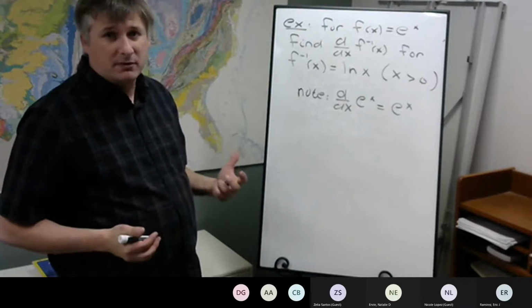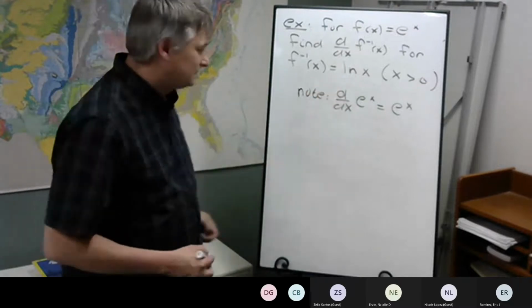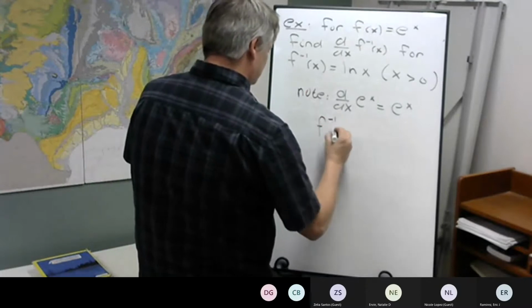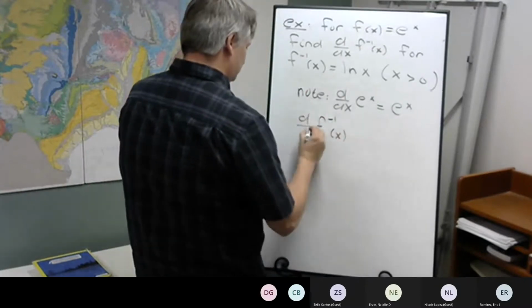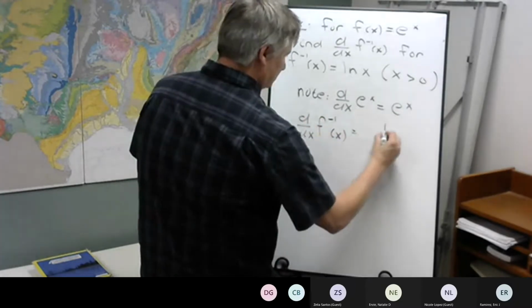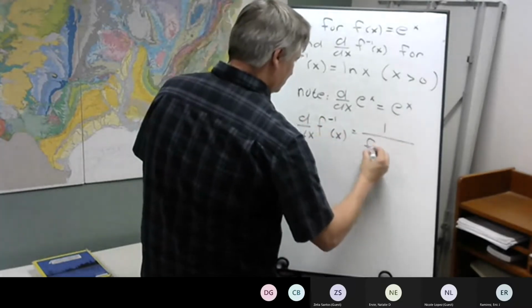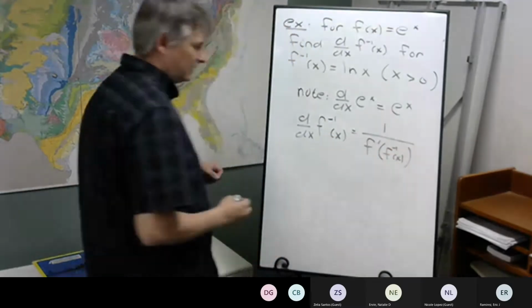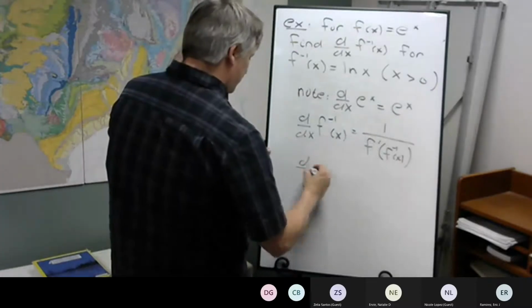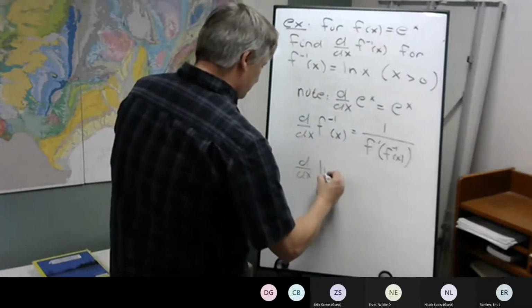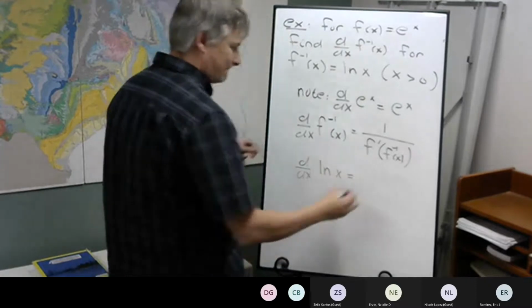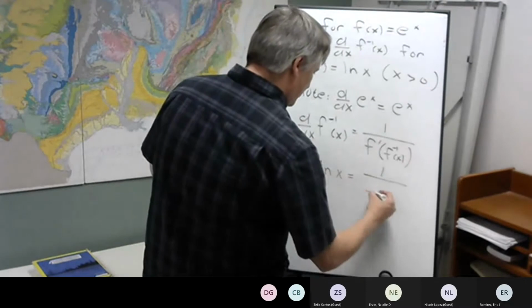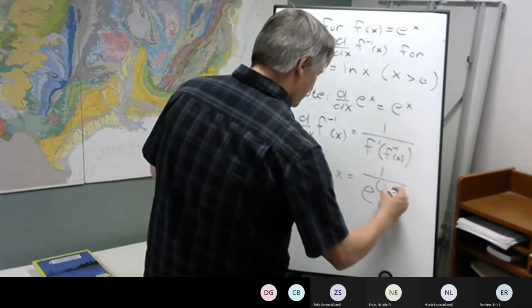So to figure out the derivative of the f inverse, which is ln of x, this is going to be the derivative of ln of x.